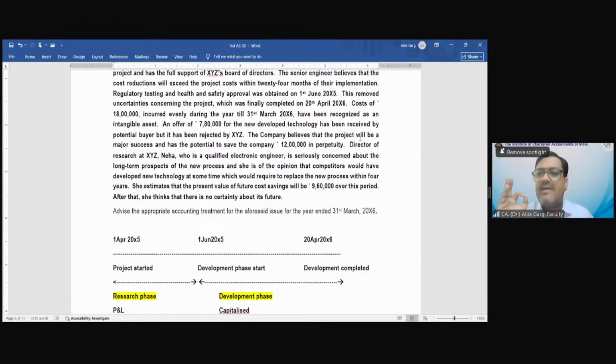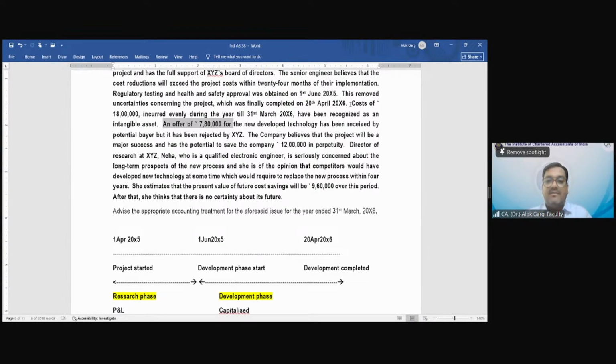On 31st March 2006, the carrying value of this intangible asset is 15 lakh. So whatever this company has developed, the market participants are offering a value of 7,80,000.